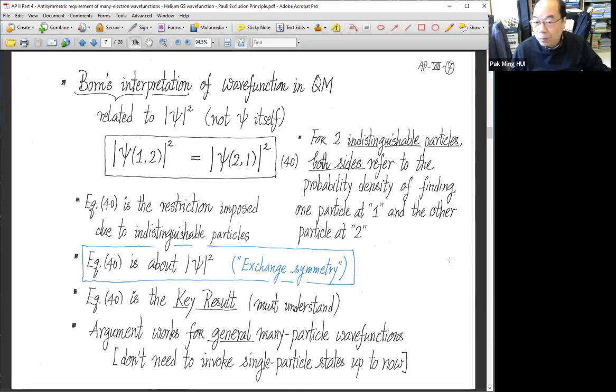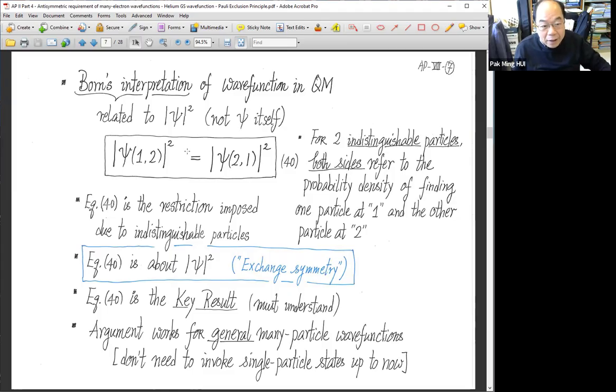Remember, there's a Born interpretation of the wave function. It relies on the wave function squared. Last time, we introduced that when we have an n-particle wave function, what is the physical meaning, right? The probability interpretation still holds. So what we expect is that this is one situation, the switched one is another situation, it's the same thing. So the probability of finding one particle here, another particle there should be the same, okay?